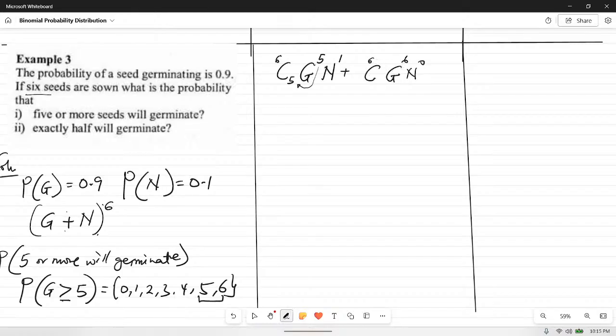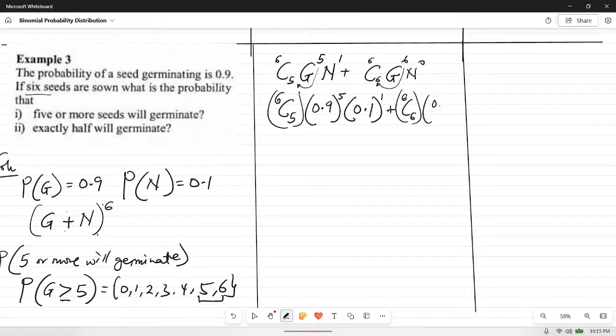So it is 6 combination 5 times 0.9 exponent 5 and 0.1 exponent 1, plus 6 combination 6 times 0.9 exponent 6 and 0.1 exponent 0.